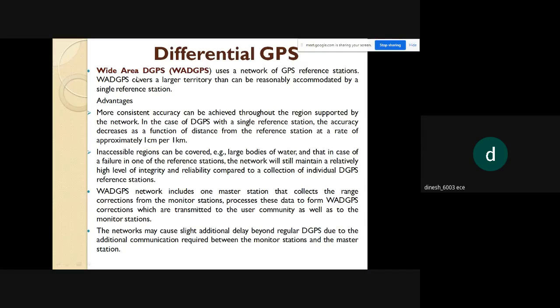This may have additional delay due to communication error, so that can be rectified. The communication delay in DGPS is overcome by wide area DGPS.